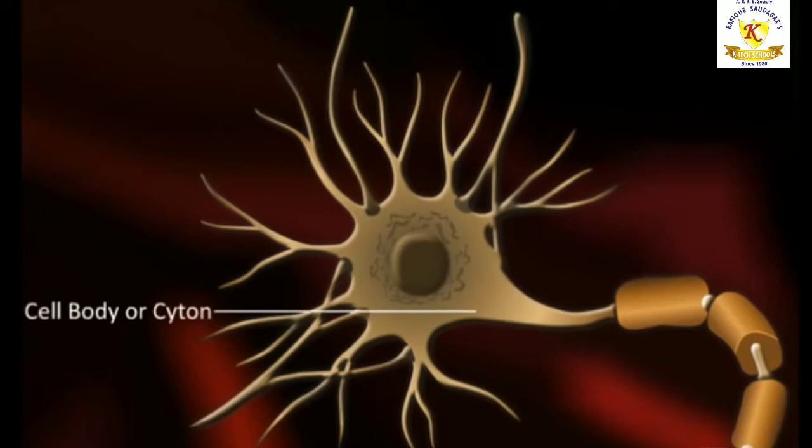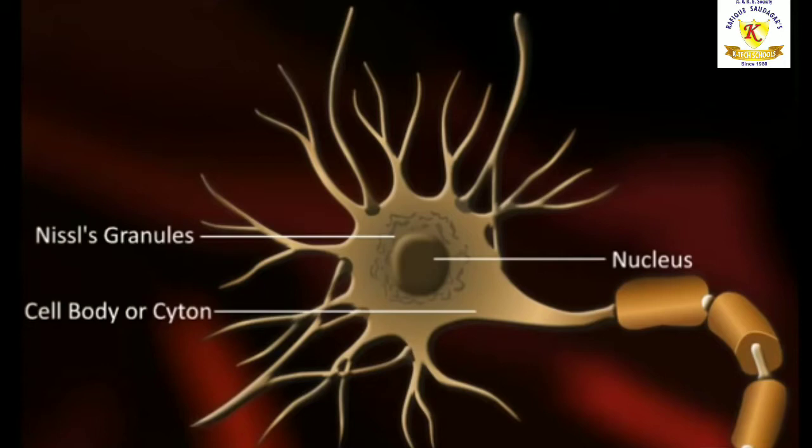Cyton is also called the cell body. Its granular cytoplasm is called neuroplasm, and at the center, a spherical nucleus with nucleolus is present.